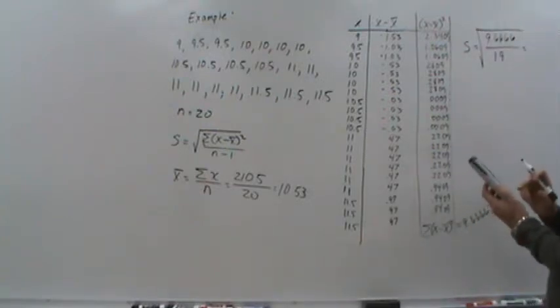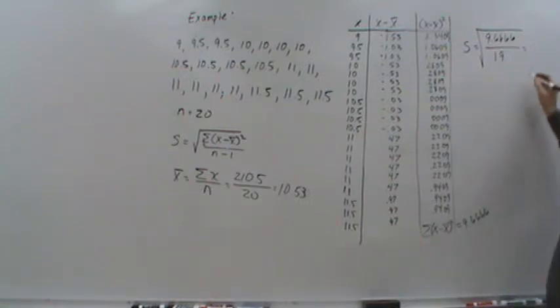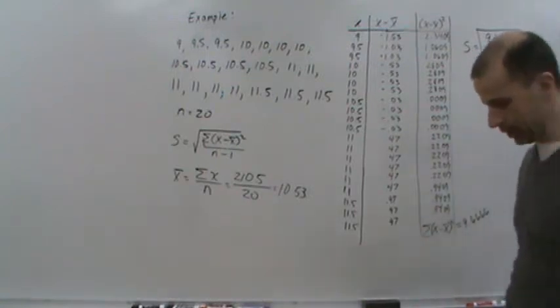And so what do we get? We divide by 19, and take the square root, and we get 0.713, and that's our standard deviation.